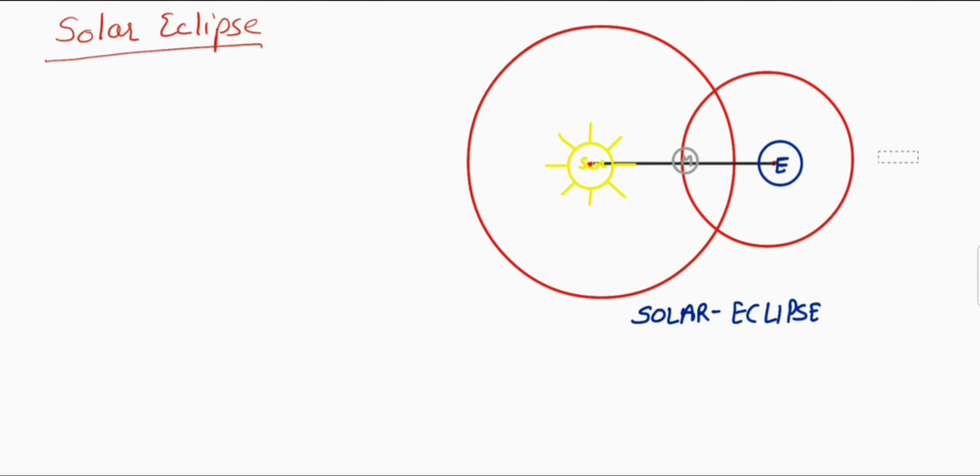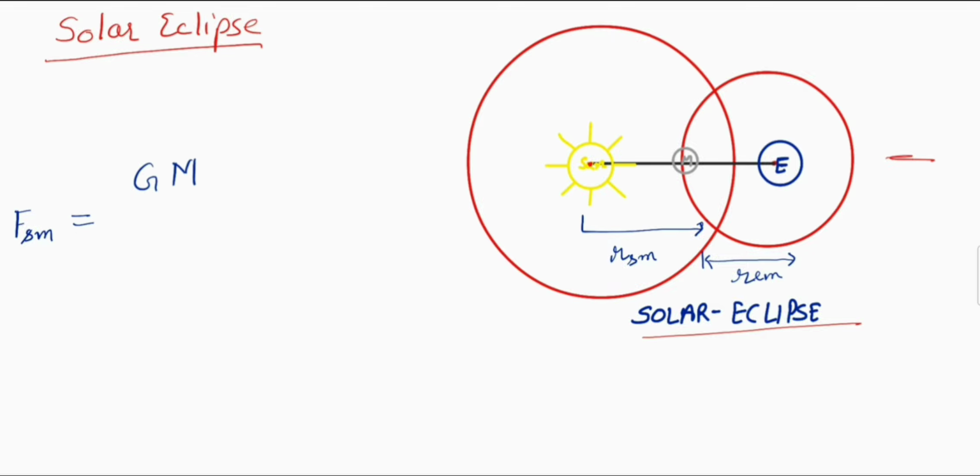If we see this picture, then we can see that during the solar eclipse, the moon will come in between the sun and the earth. The force exerted by sun on the moon is equal to G, the mass of the sun, the mass of the moon, divided by the distance between the sun and the moon, which I am representing with RSM whole square. I have to find the value of RSM.